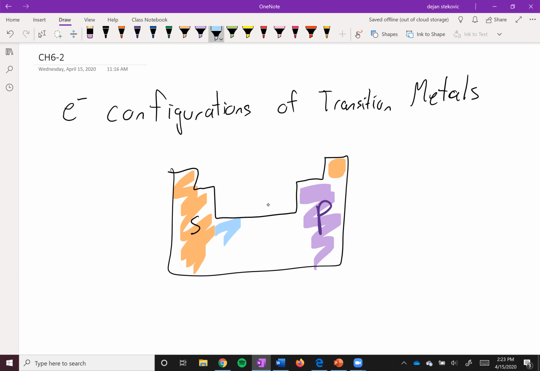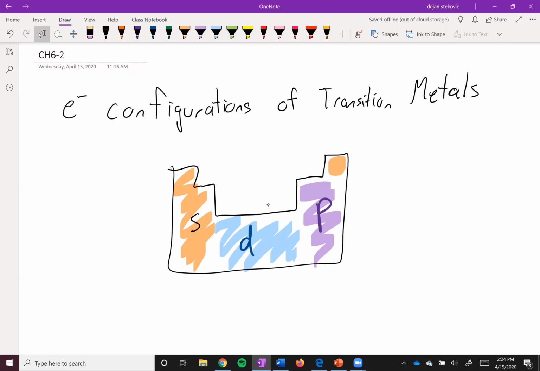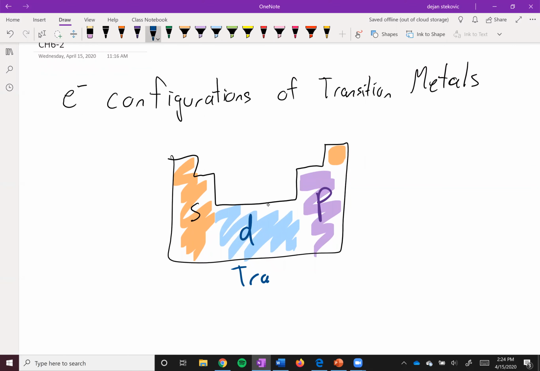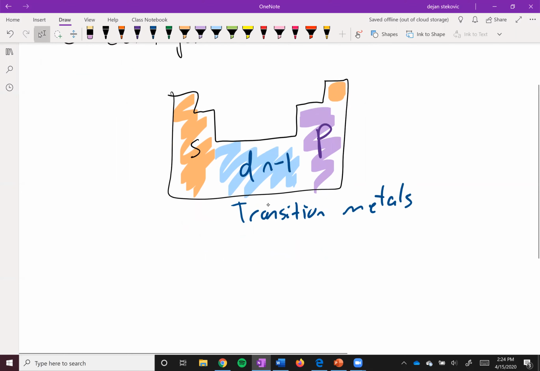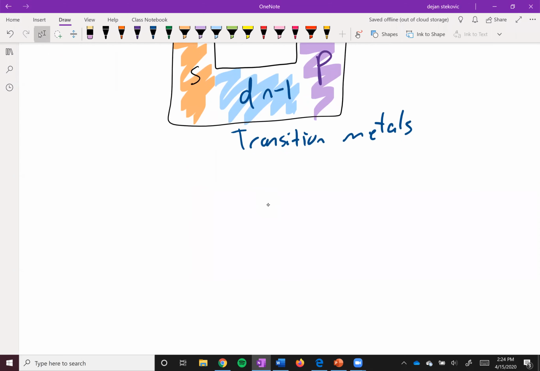And then over here, we have the D block. And the D block are our transition metals. And remember that these transition metals are N-1. So let's take a look at what that looks like.